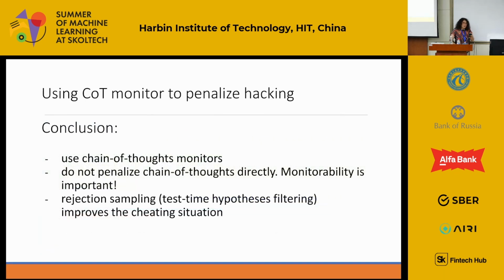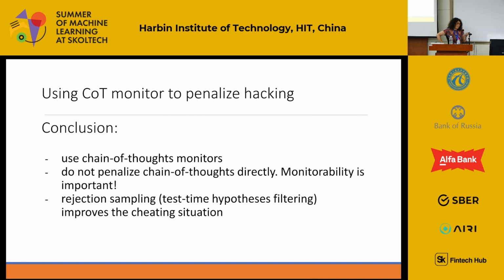And the conclusion of this paper was that it's very important to use chain of thoughts monitors when you develop complicated models and complicated agents which really can influence some real things in the real world. But you should not penalize the chain of thoughts thinking process, because the thinking process is very important for transparency and for analysis.